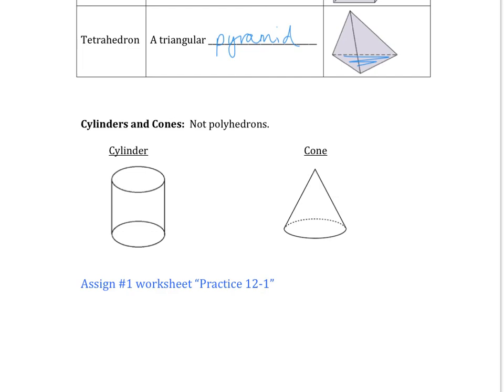They have those edges and vertices. A circle doesn't have any edges, which is why that's a cylinder. Cylinder has that top and bottom base being a circle. Cone has that base being a circle. And those are not polyhedrons. They are just solid figures.